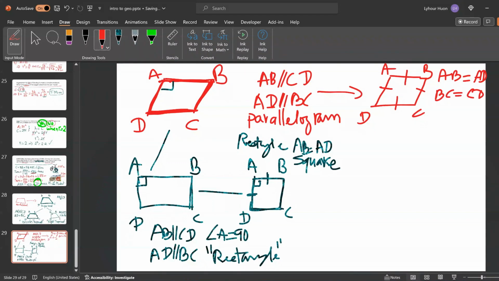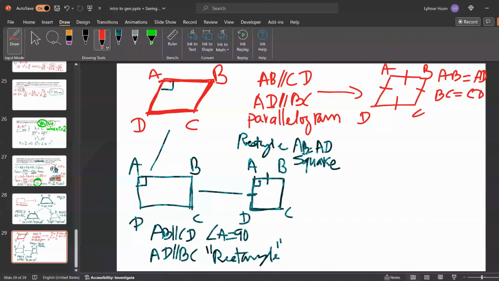This is called, hold up. Parallelogram with AB equal to AD, BC equal to CD. I know what that is, but I forgot the name.